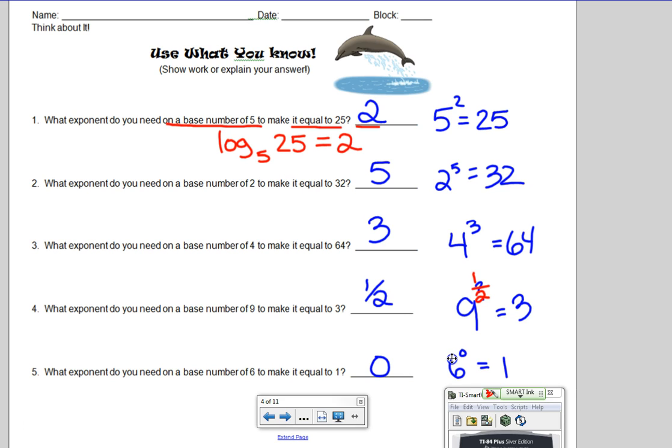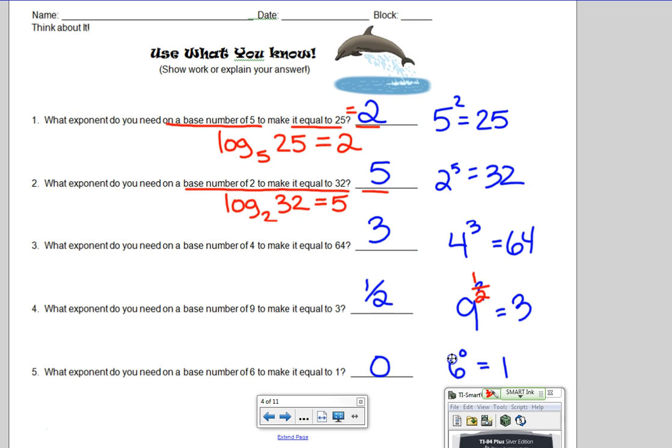So what I wrote in red is exactly what the underlined means. So the next part, what exponent do you need on a base number of 2 to make it equal to 32? So you would write the log that makes a base 2 make a 32 value is equal to 5.